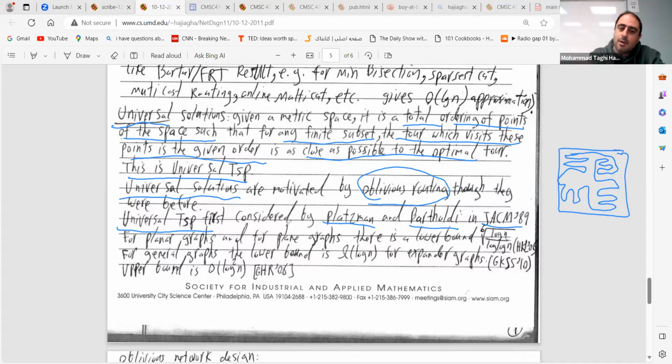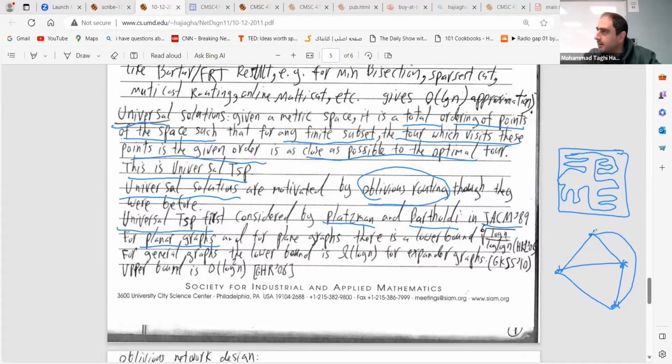a cleaner problem is the case of planar graphs. You can consider a planar graph that you can draw on the plane without crossings, and each edge has a weight, essentially the metric completion of this graph.